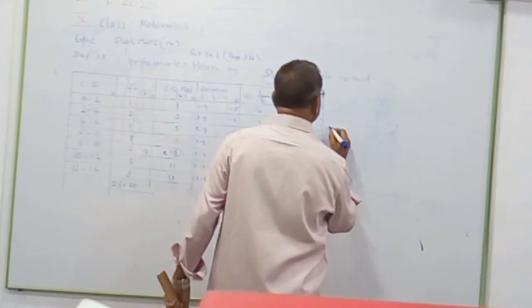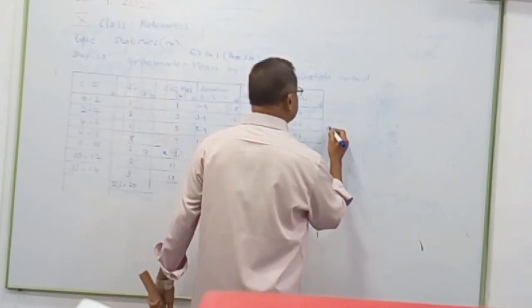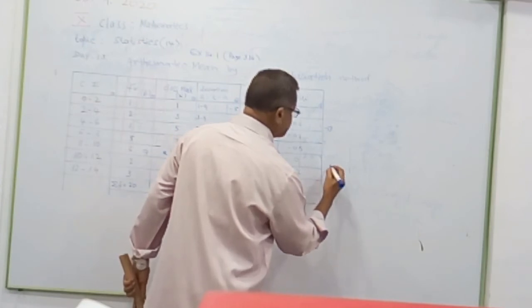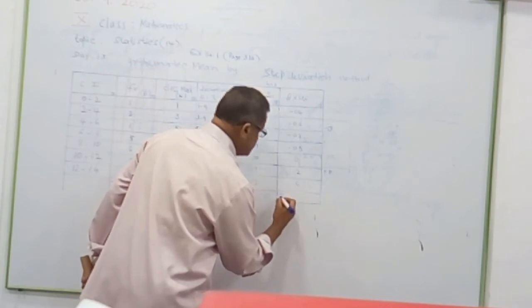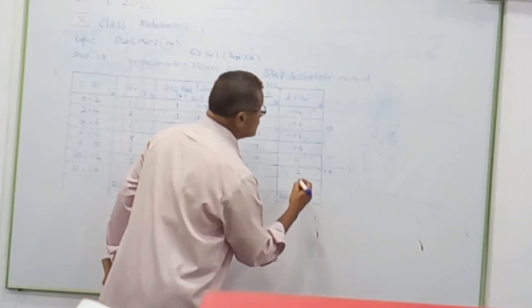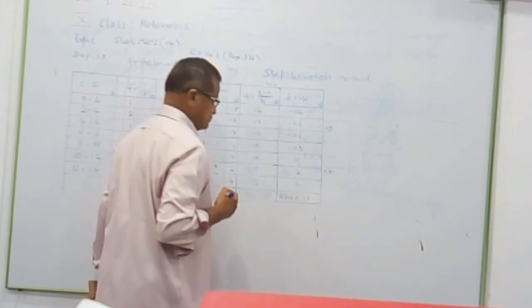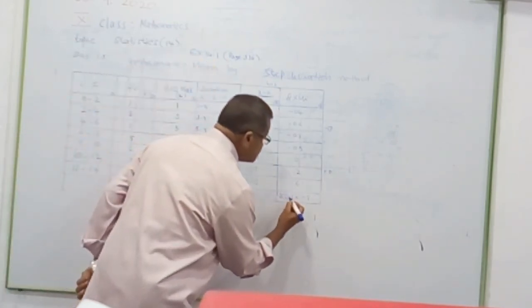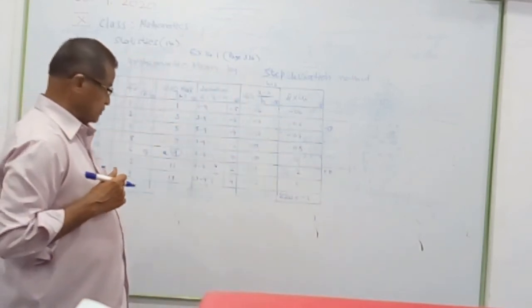Minus 12, 6, 4, 10, 12. 12 plus 5, 17, and plus 8. So sigma fi ui is equal to minus 9. Sigma fi ui is minus 9.